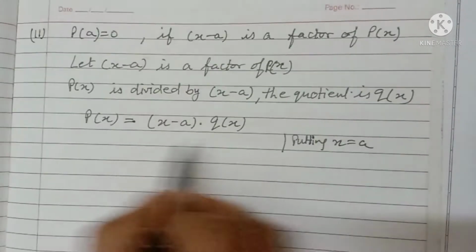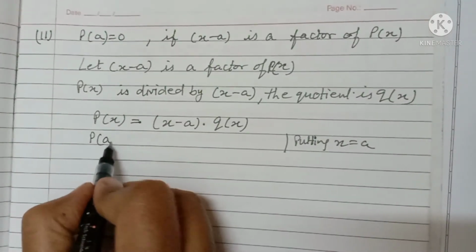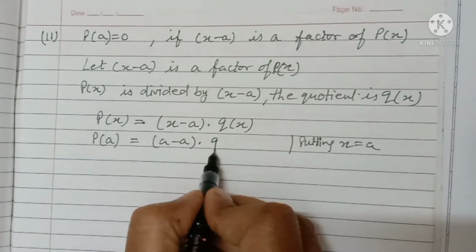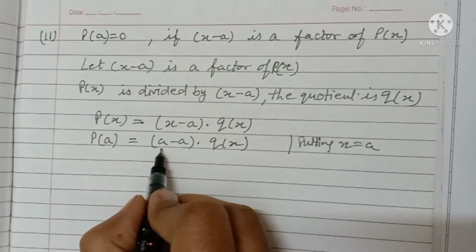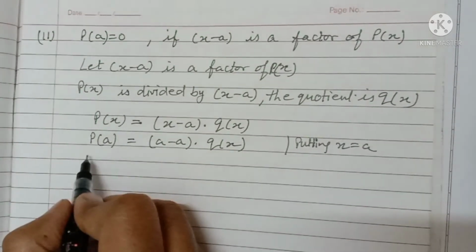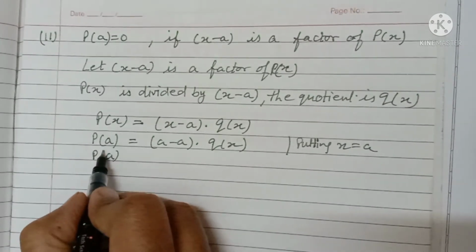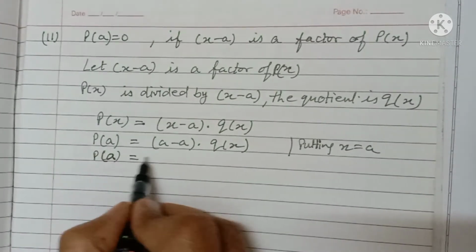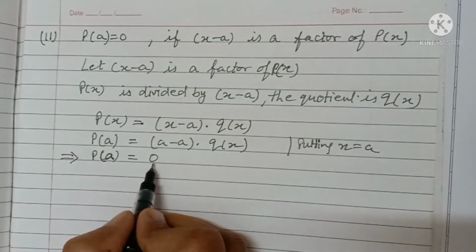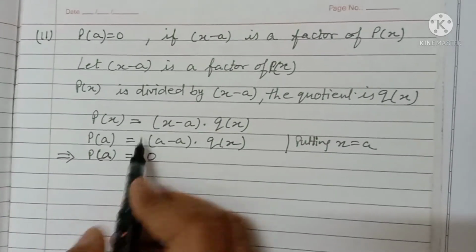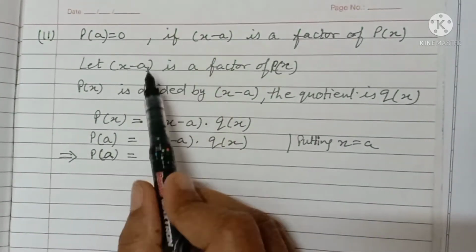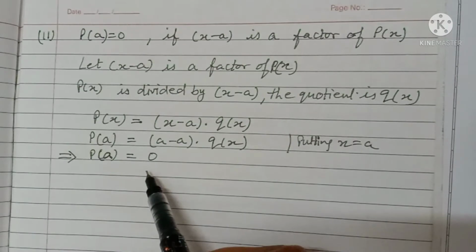Putting x is equal to a, what you will get is p(a) is equal to (a minus a) into q(a), and a minus a is equal to 0. 0 into q(a) is equal to 0. So p(a) is equal to 0, which we had to prove. Here x minus a is a factor, therefore p(a) is equal to 0.